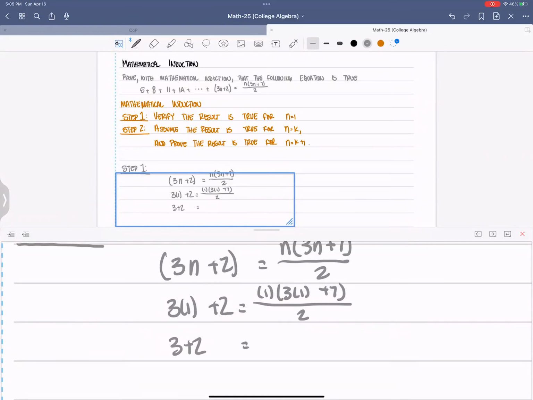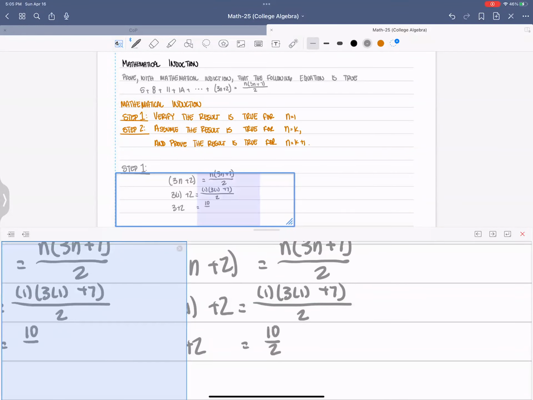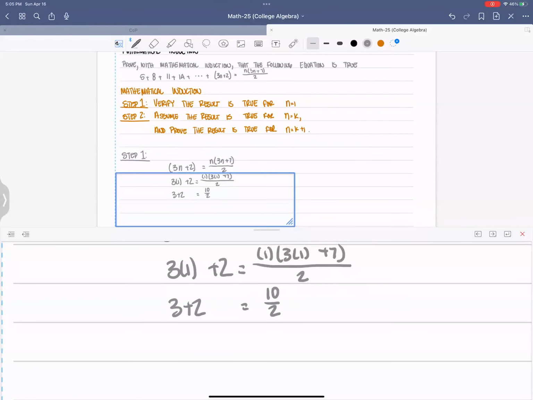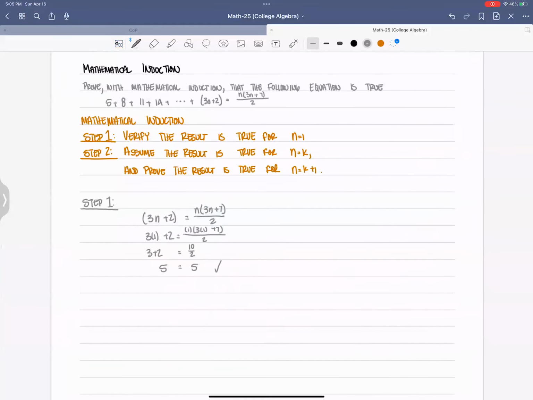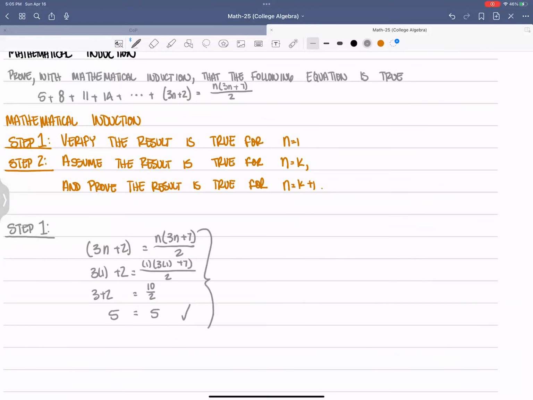Right side, we have 1 times anything, it's going to be itself. 3 times 1 plus 7, that's going to be 10, and we're dividing that by 2. So we have 5 on the left side, 5 on the right side. So we just figured this part out. This entire thing is true.